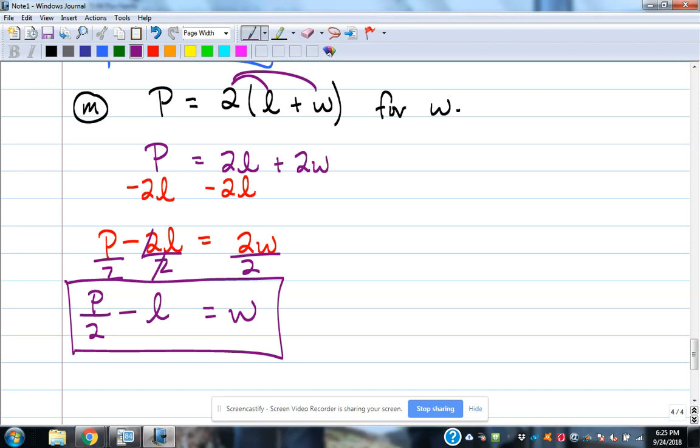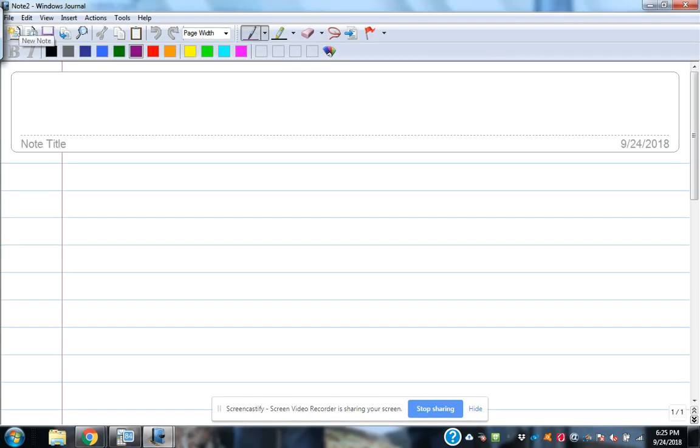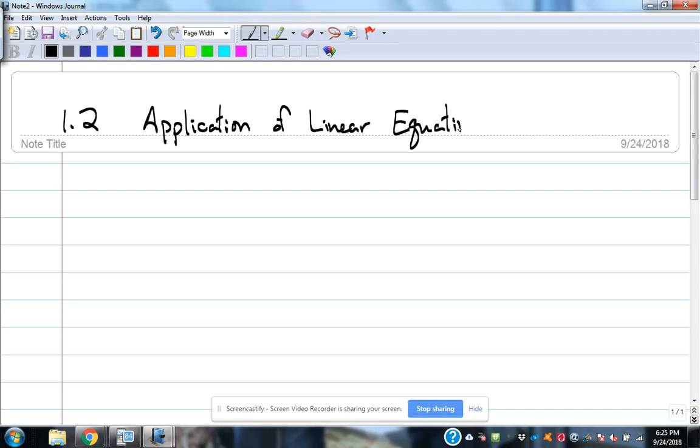Now, that's section 1. Let's do some application problems. Do a couple of those for this. This is section 1.2. Application of linear equations. Okay.